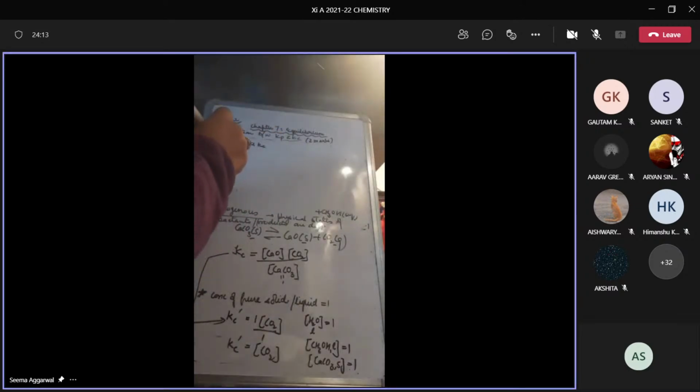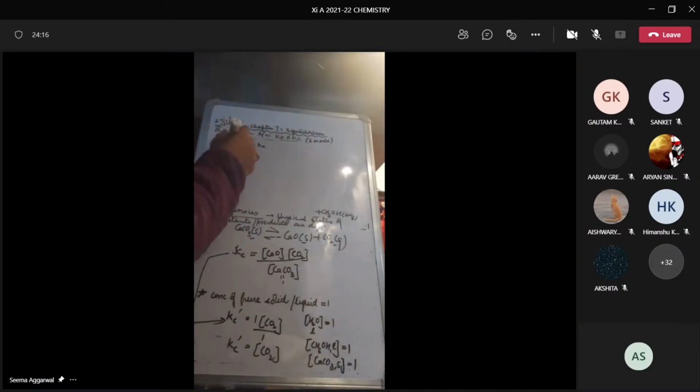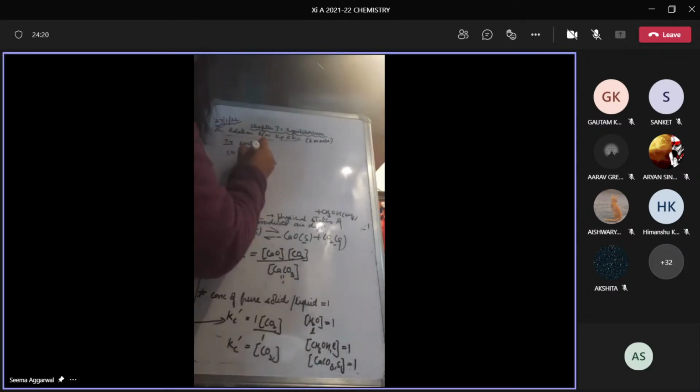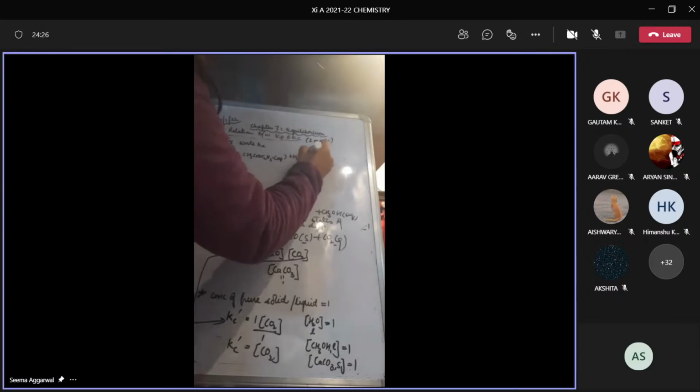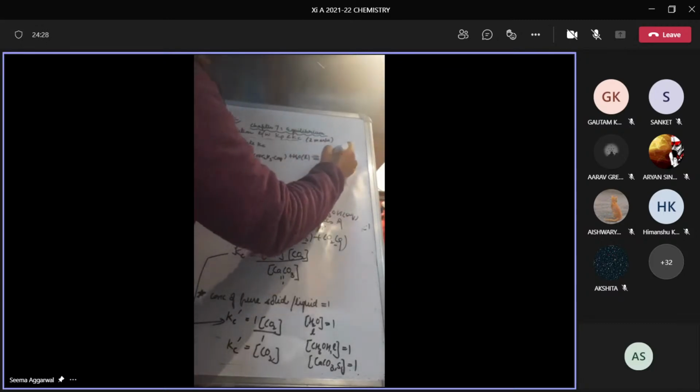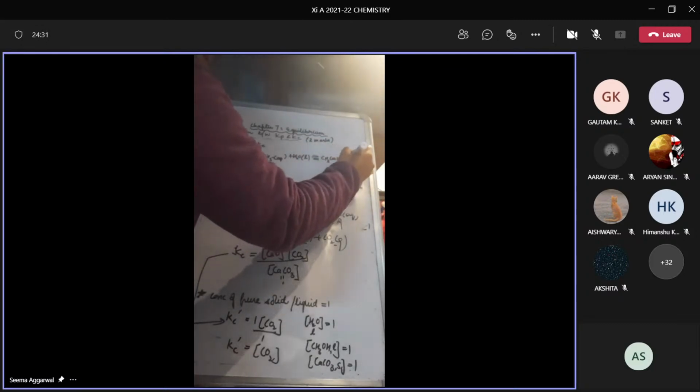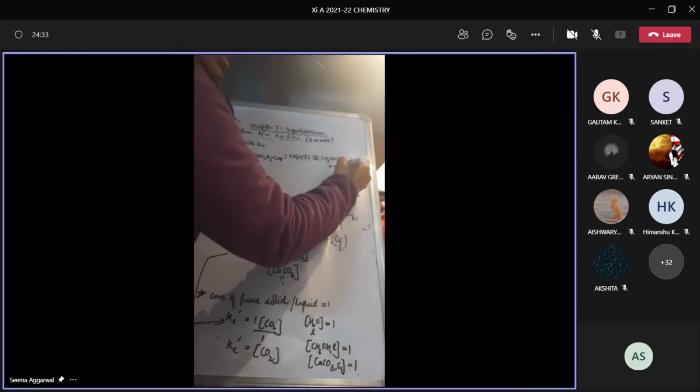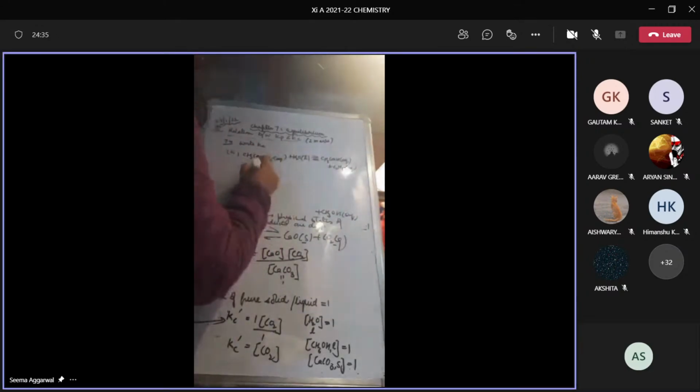Now I am taking part number 3: CH3COOC2H5 aqueous, aqueous means in water, plus water liquid is converting into CH3COOH aqueous plus C2H5OH aqueous. You have to write Kc.